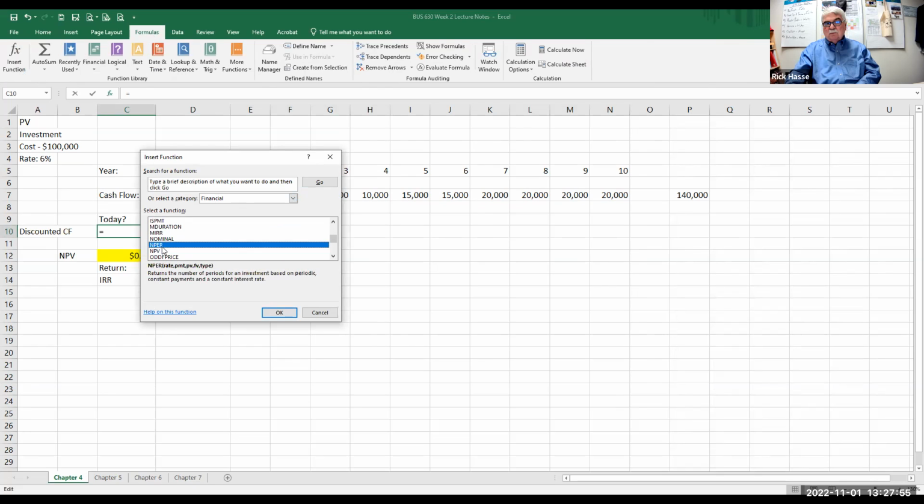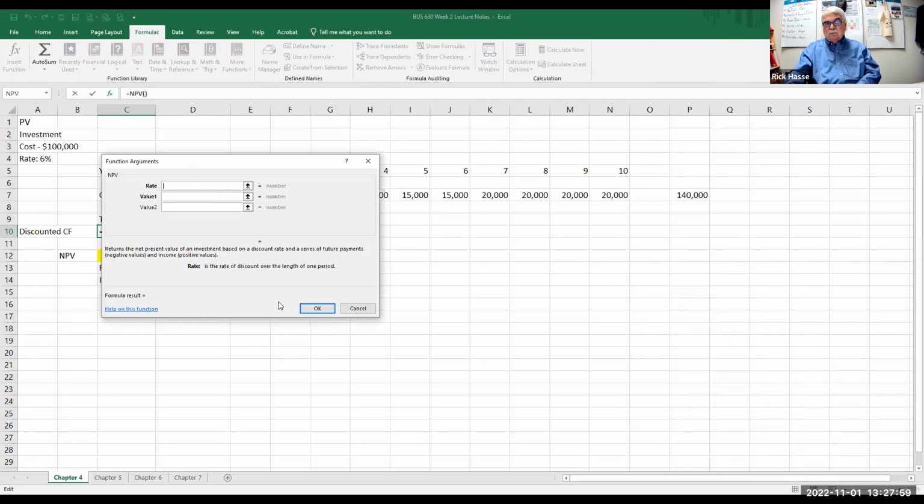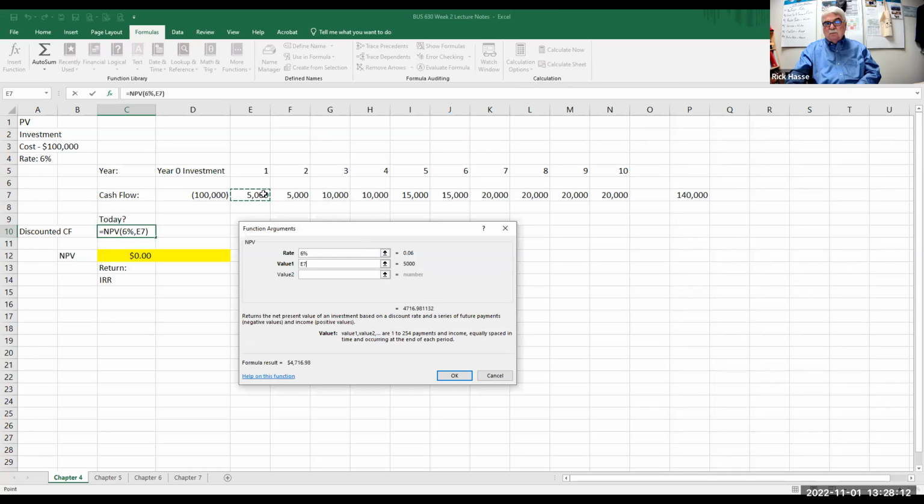There it is right there, NPV, and hit OK. So now we're going to put in our cost of capital, our borrowing rate on this money, 6%. And then we're going to put in the values of the cash flow from years 1 through 10. So I'll just paint from year 1 through year 10, E7 to N7.